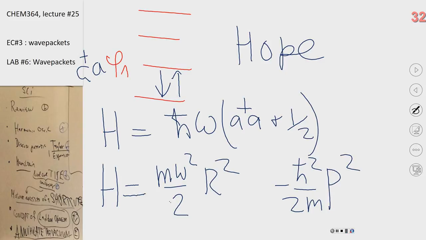I'm not lying. I'm checking. You please check if I'm not lying. Good. Can you say that it is the same Hamiltonian, or what should we do to make them equal? One thing equals the other thing.